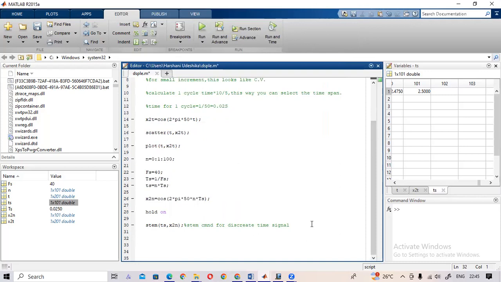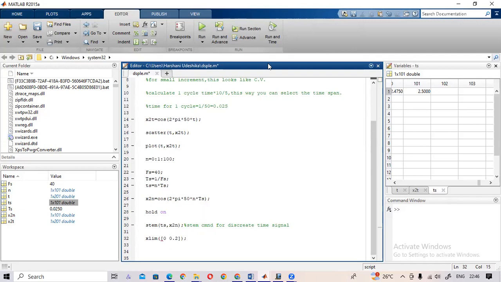We can limit the x-axis using this xlim command. Within this bracket you have to put the starting value and the ending value, and the ending value is 0.2.